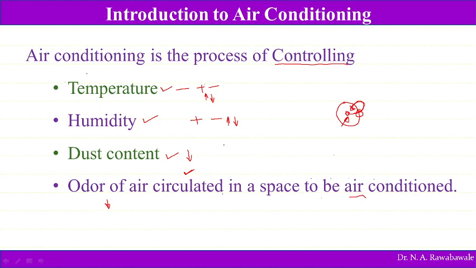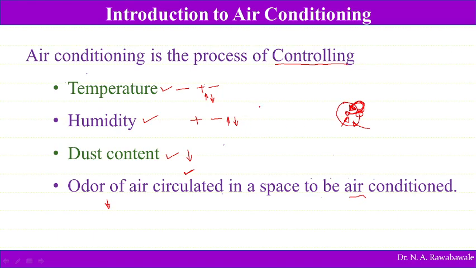So 100% of the air is not recirculated. Some fresh air is also added into this space. In order to save energy, air is recirculated. If air is cooled, the cooling effect produced by the air conditioning system consumes power, so to reduce the electricity consumption, this air has to be recirculated in the space.